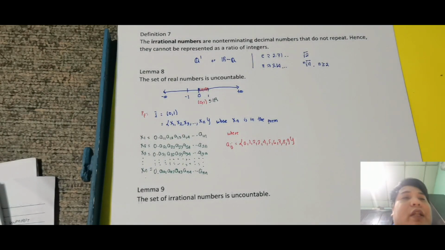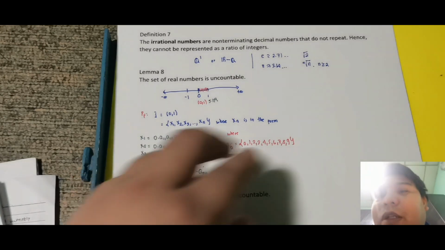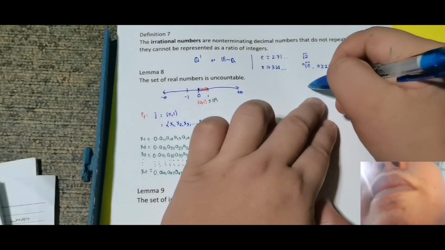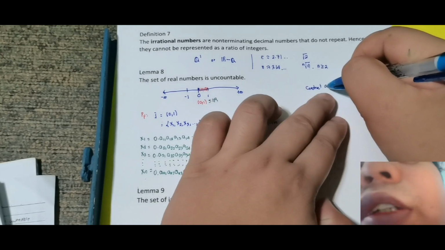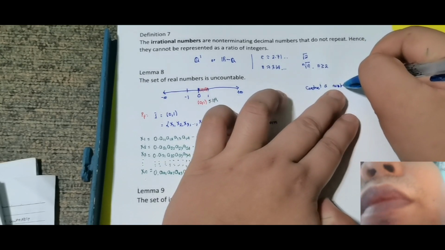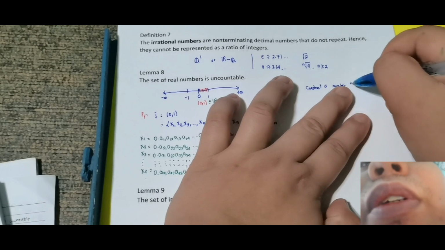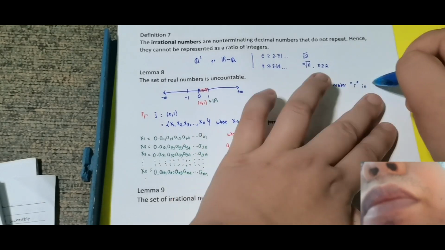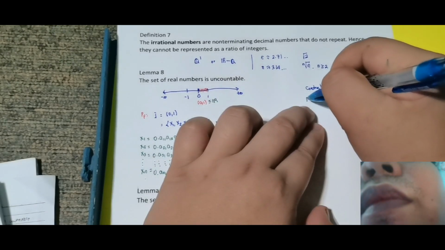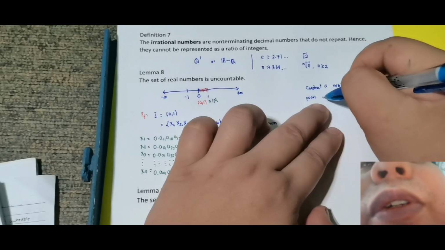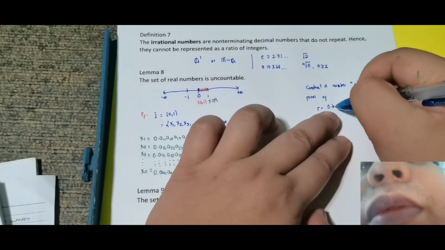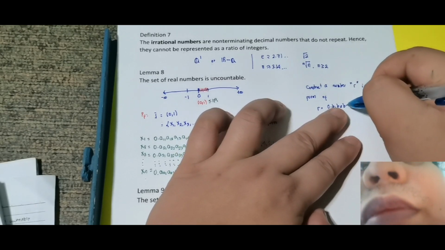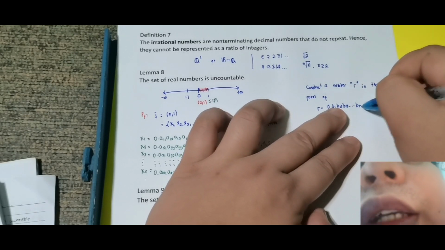Okay, ngayon, ang gagawin niyo, sir, magko-construct ako ng function. Ulit ko lang ha, magko-construct ako ng function. So, construct a function. Construct a number R, in the form of R is equal to 0.b1, b sub 2, b sub 3, b sub n.